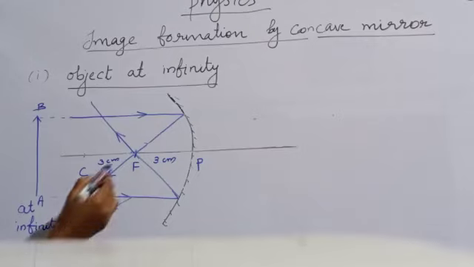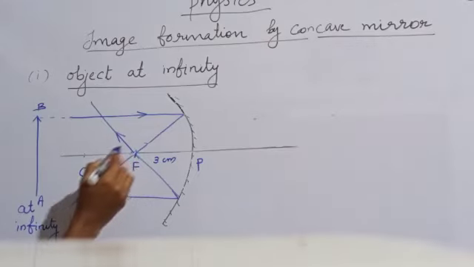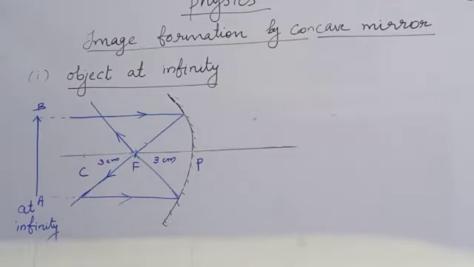Now we can see here at F, where is the position of the image? Image is formed at F. And what is the size of the image? It is a diminished image, very small.